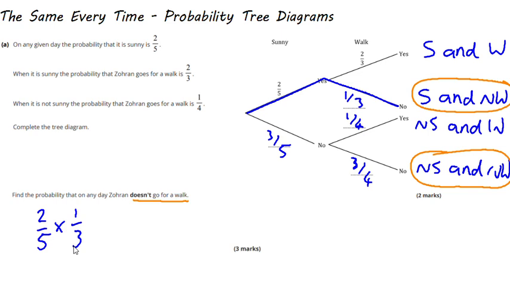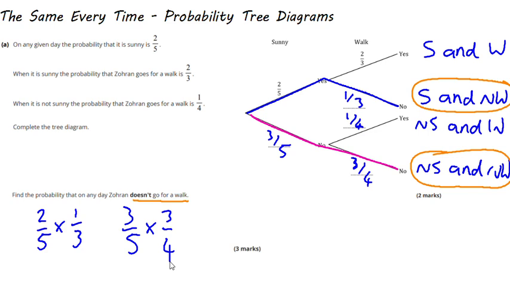So sunny and not walking, 2/5 and 1/3. So not sunny and not walking would be going down here. Multiplying those two probabilities together is going to give me 3/5 times 3/4. So when we're going left to right on our tree diagram, we multiply, because that's an and situation.